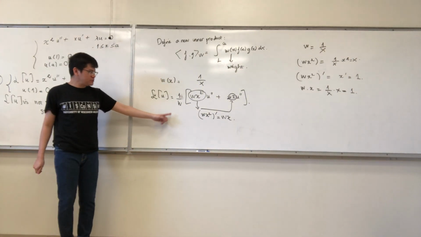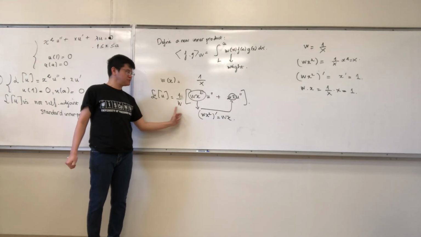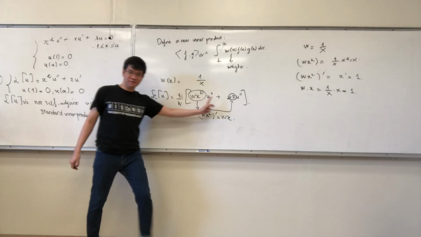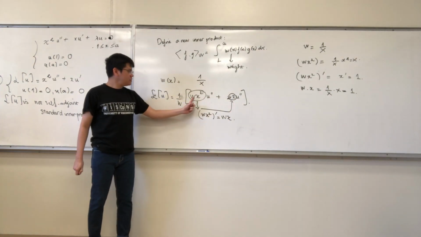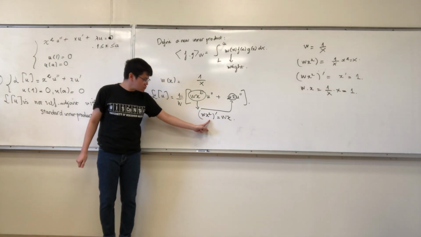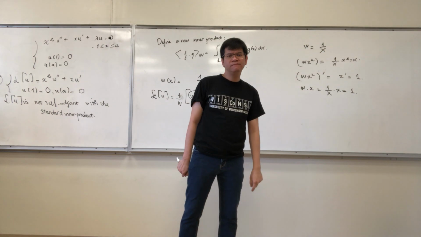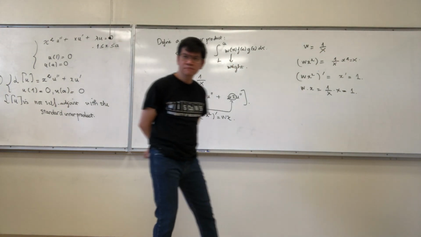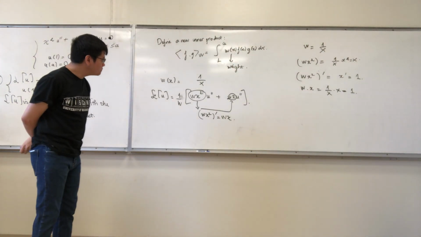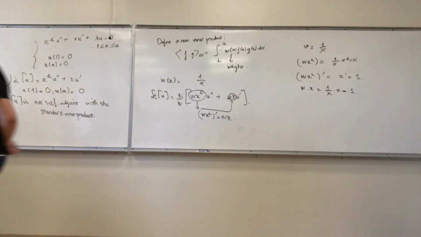The simple process is that you write L, you divide by w and you multiply by w. So here you have w x squared and here you have w x, and you have to set (w x squared) prime to be equal to w x. Yes? For the second term, should it be u prime or u double prime? Thank you. Excellent. Yes, this is the u prime.